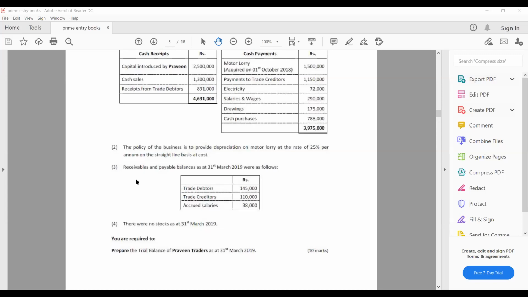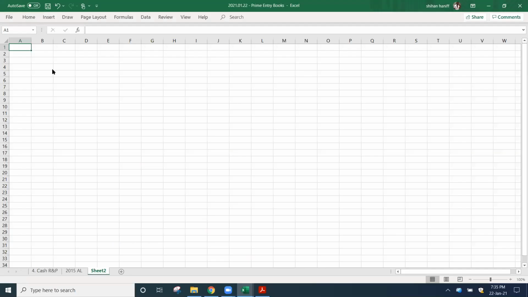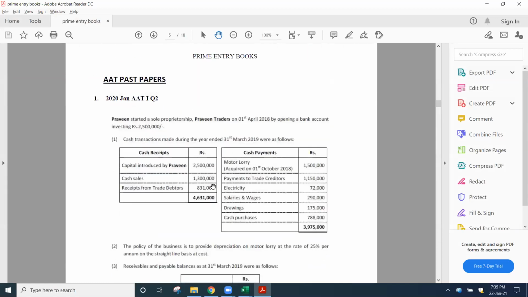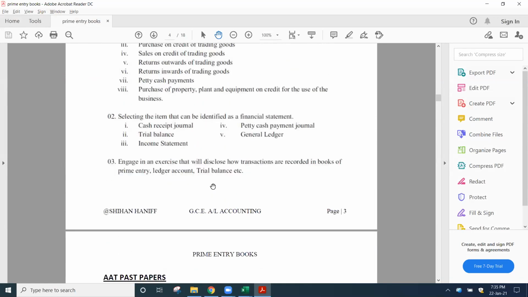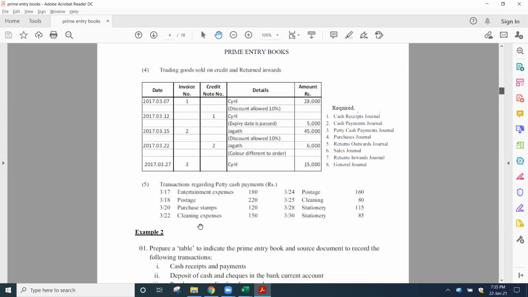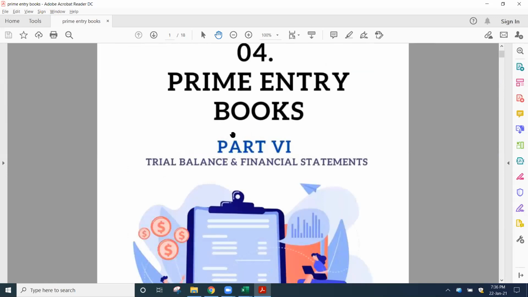Okay, then you can write this. Okay, let's do this example. Through the example, I will explain. Question number 1. Tute number 4, part 6.